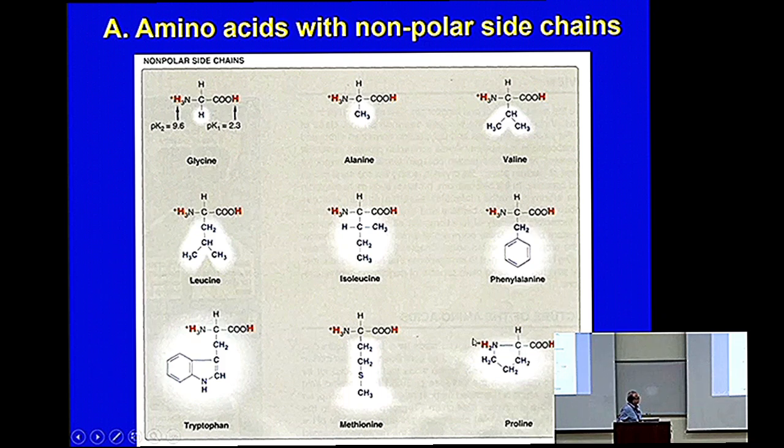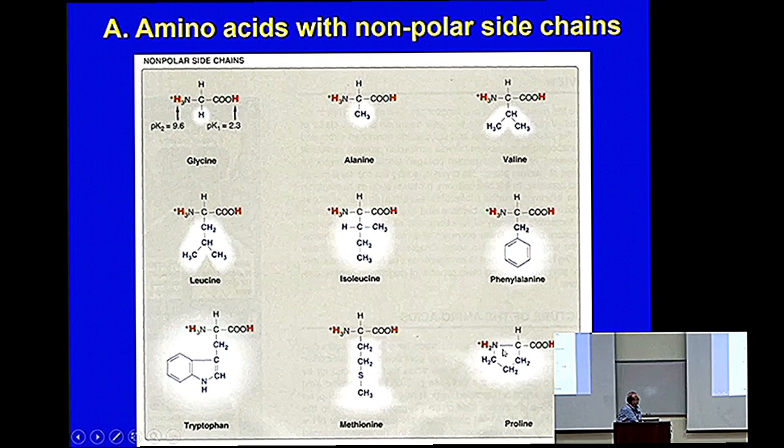In proline, as you can see, the amino group is actually attached to the rest of the R group, cyclized to form the proline ring. And this amino group is technically not an amino group, but an imino group, starting with an I, because it has 2 bonds versus a single bond to the carbon.